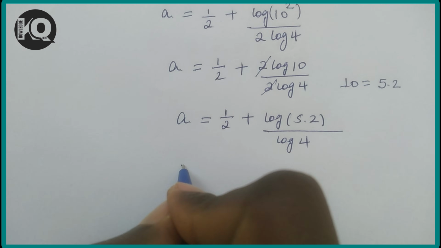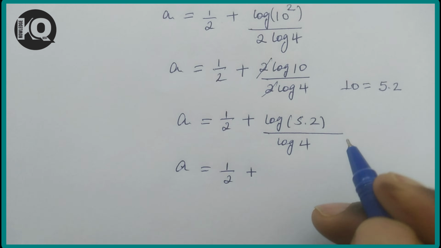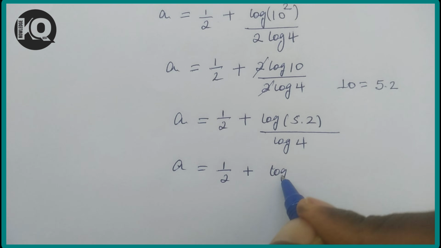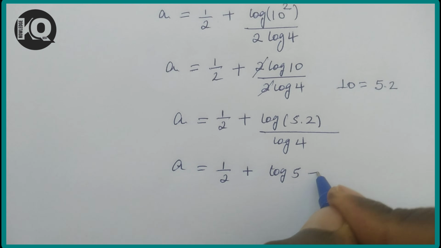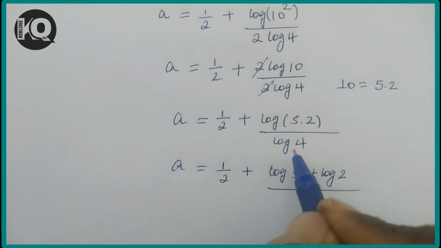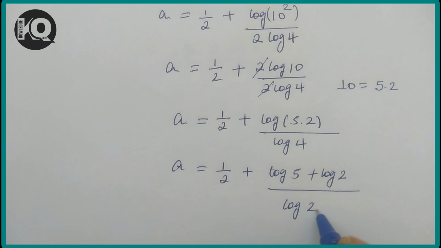So a is equal to 1 over 2 plus this log 5 times 2 will be log of 5 plus log of 2 divided by this 4 can be written as log of 2 power of 2.